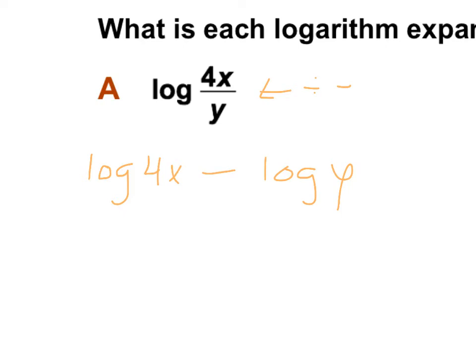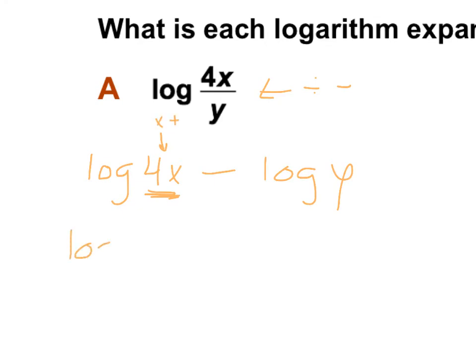So here we don't have a base for our log, so our answer is just not going to have a base for the log either. There's one more thing we can do though before we're done, because we still have the 4 that's being multiplied by the x, so we can expand this one step further. So since these are being multiplied, multiply goes with addition.